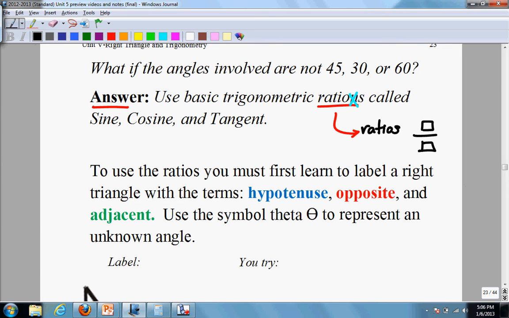Now, to use these ratios, you must first learn to label a right triangle with these three terms: the hypotenuse, the opposite, and the adjacent. Let me show you how to label those.